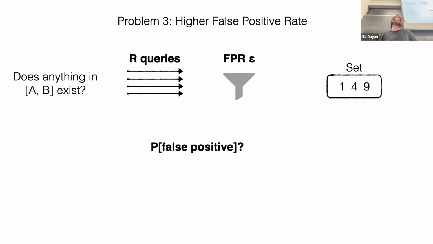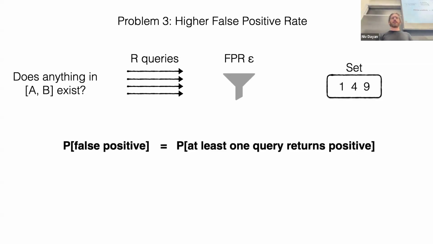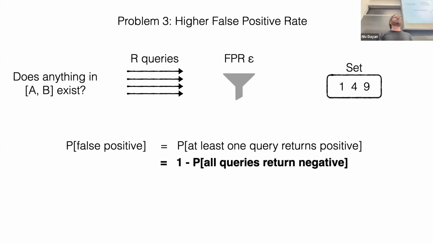Okay, so we can analyze this, and I think it's just a nice exercise to show how you analyze this. So what's the probability of a false positive? Well, that's going to be the probability that at least one of the queries that we issue returns a positive, one of the R queries. That in turn will be 1 minus the probability that all queries return a negative.